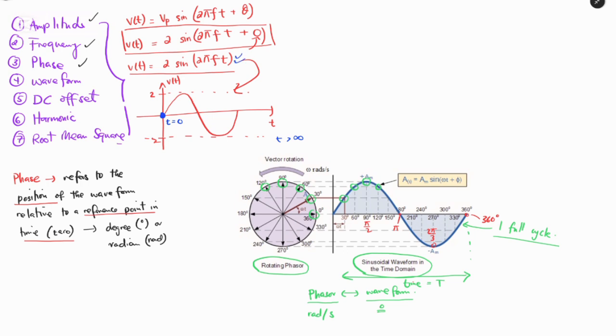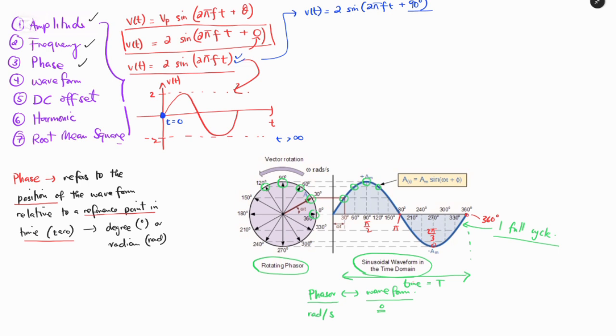And what will happen if we now want to know what a phase shift is by adding to the function V(t) equals 2 sine 2 pi ft plus, let's say, 90 degrees. Now from this waveform we can see 90 degrees is the phase shift of the signal. From the definition, we normally refer to the position of the waveform with a reference point, for example at t, or time, equal to 0.